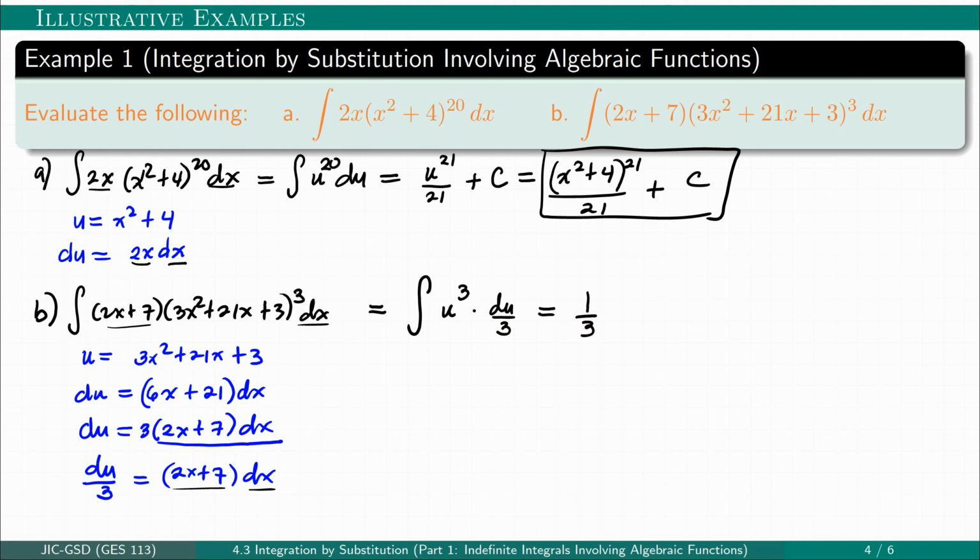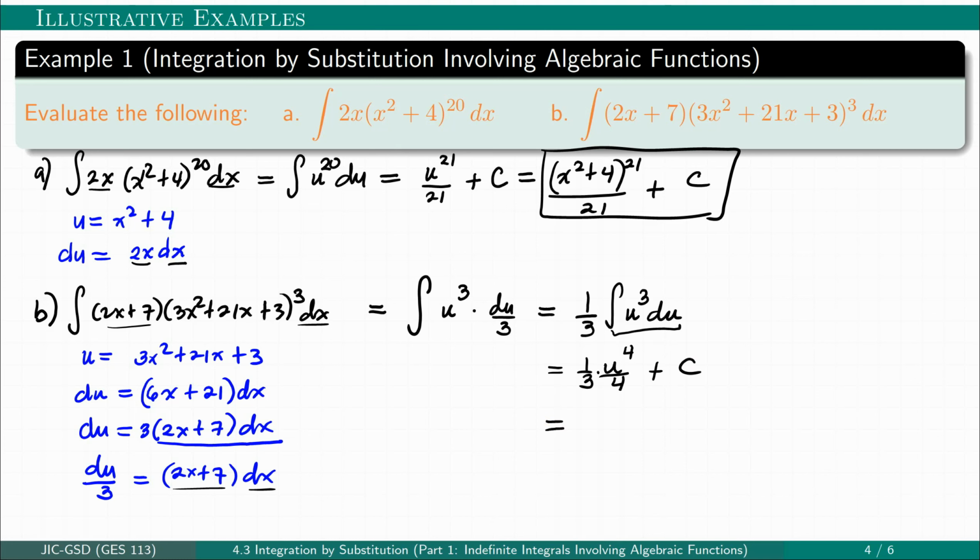We can move the constant 1/3 outside of the integral, u raised to 3 du. And now we just simply use the power rule to evaluate this integral. That's 1/3. The power is 3. We add 1, that will be 4. U raised to 4 divided by 4 plus a constant c.